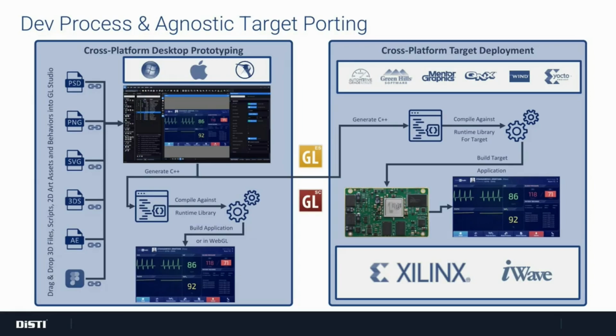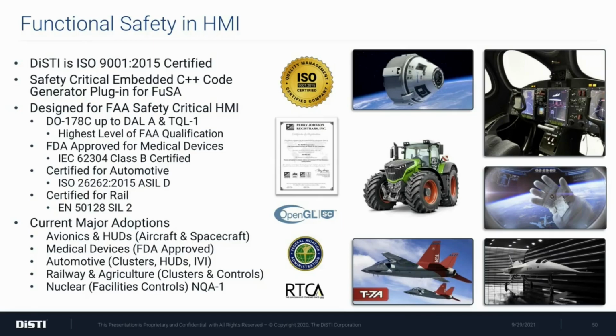So in this case, we're running Xilinx with iWave, and we are fully cross-platform compatible to any operating system or RTOS. All we really require there is that you have a C++ compiler and support for OpenGL. So essentially, the exact same application you create for prototyping is what runs out on your target system. There is no need to make changes or to update that as well.